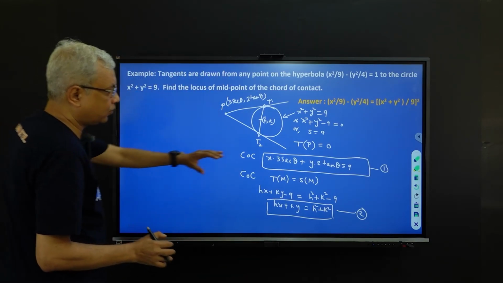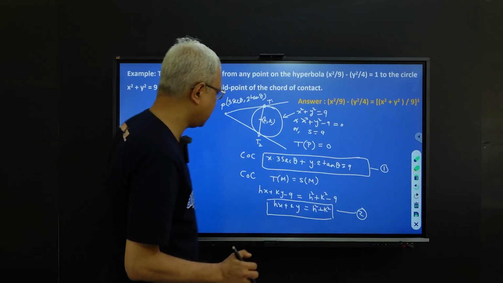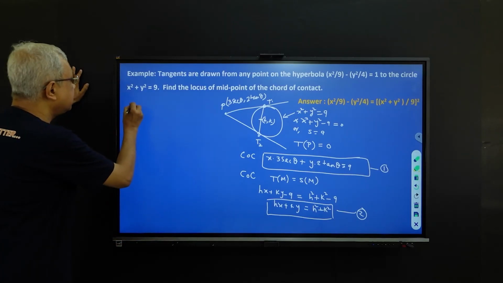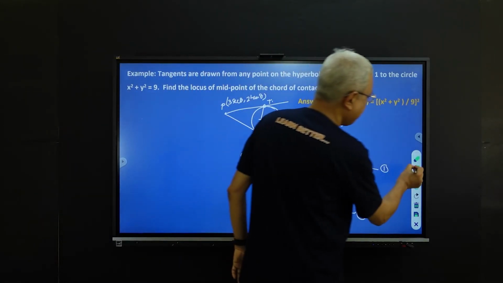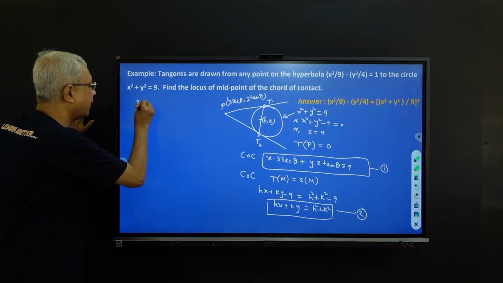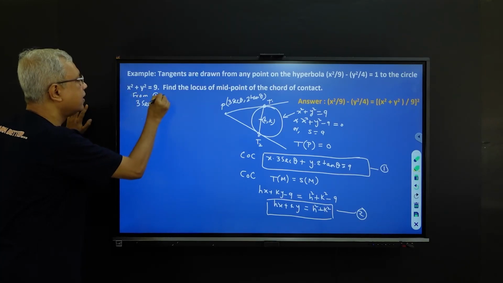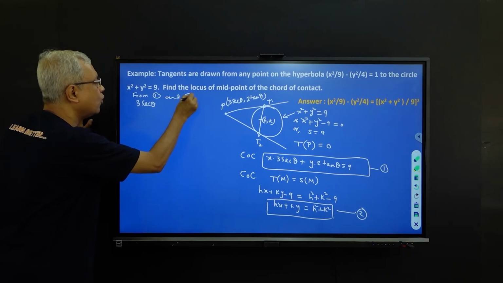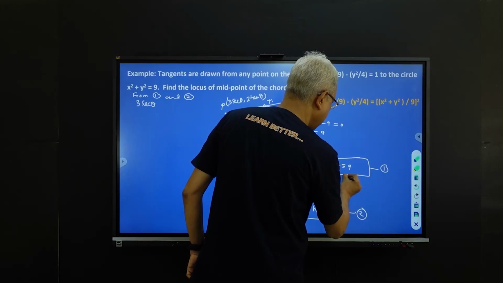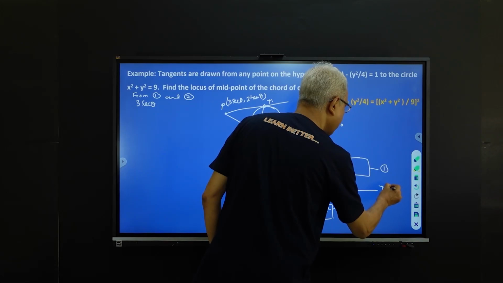So I can compare the coefficients of x, the coefficients of y and the constant terms, and their ratios will be equal. 1 and 2 both represent the same line, which is T1, T2, the chord of contact.